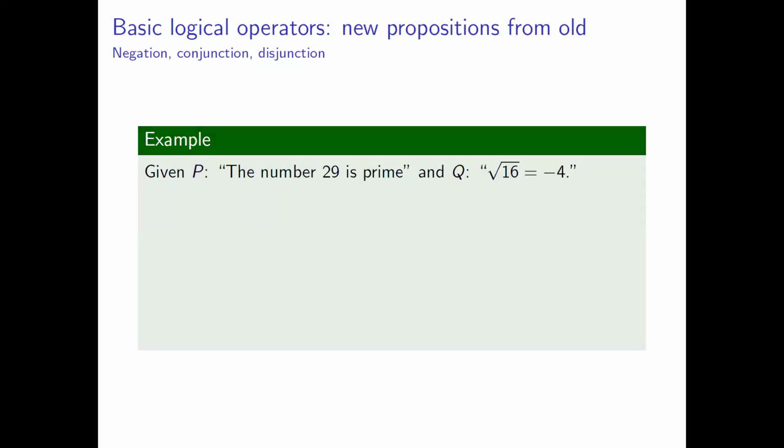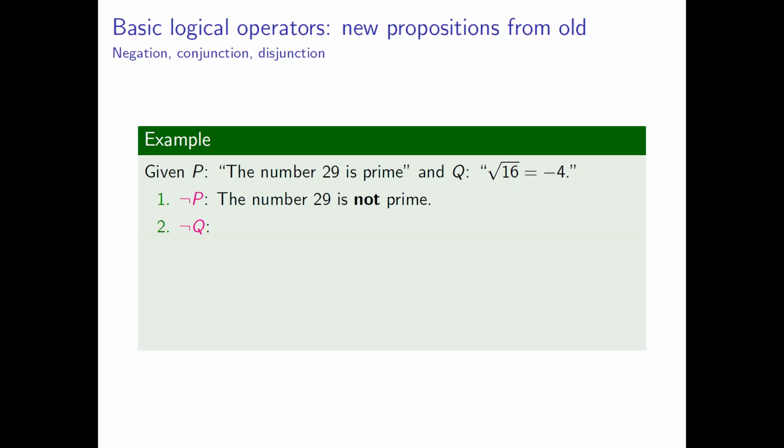For example, suppose that the proposition P is the number 29 is prime, and the proposition Q is the principal square root of 16 is equal to -4. Not P is the statement the number 29 is not prime.